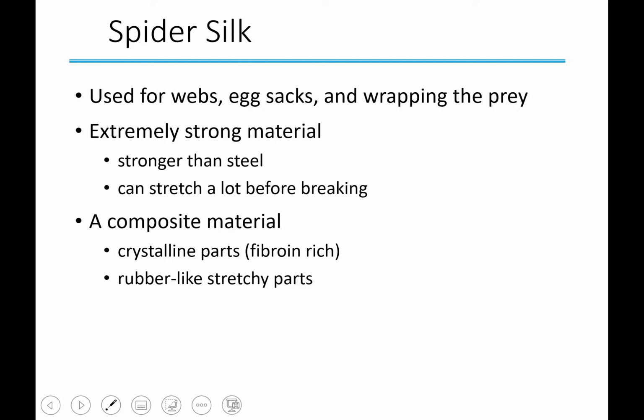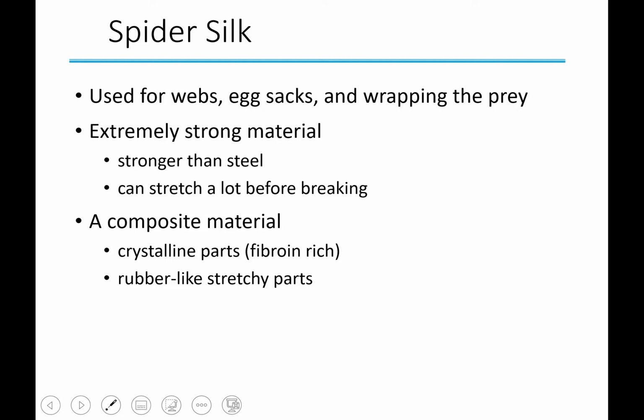Just like we saw in collagen and alpha keratin, it's stronger than steel per cross-sectional area. What's different about the fibroin in the spider silk is that this material is very stretchable, very flexible. It can stretch a lot before it actually breaks.